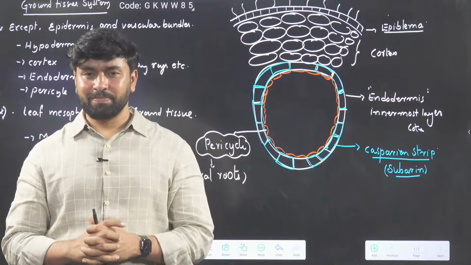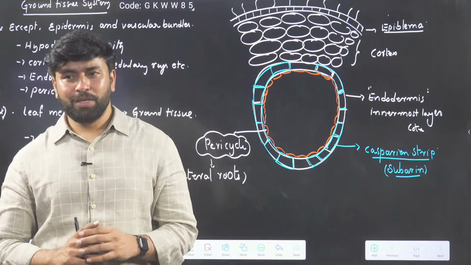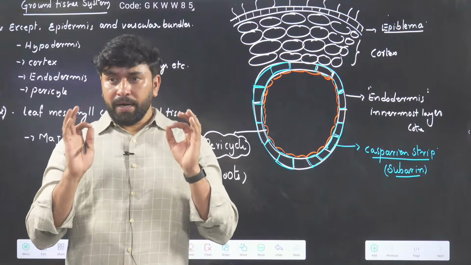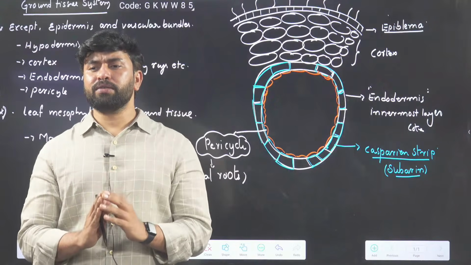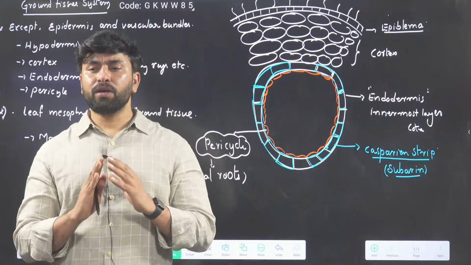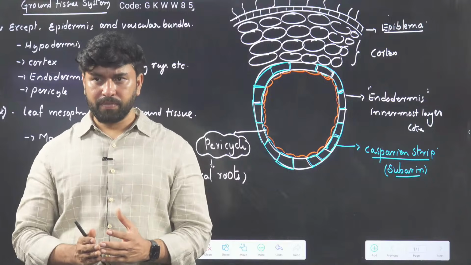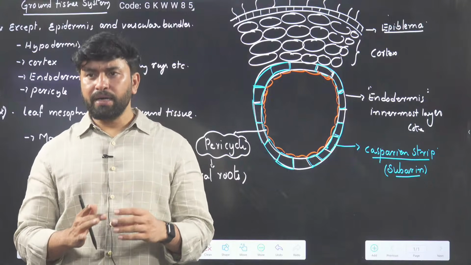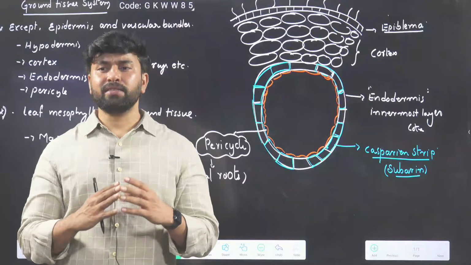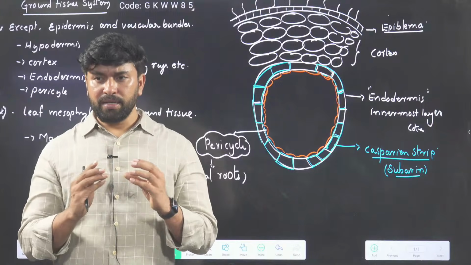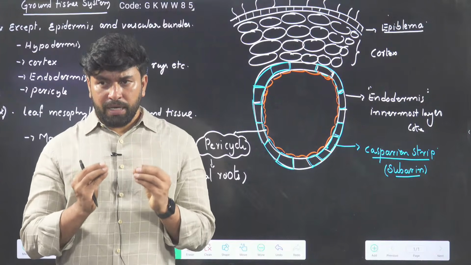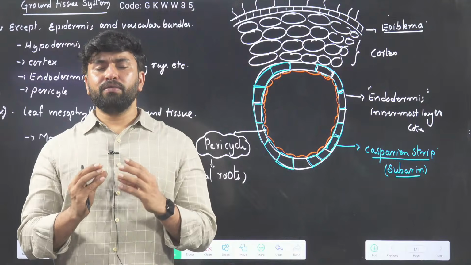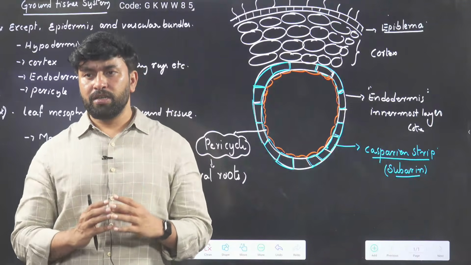It is external. One thing you remember, bud is some kind of structure that belongs to stem. On the root, you will never find a bud. In fact, bud is nothing but a condensed stem. Stem condenses and forms a bud. So bud is an external body which produces a branch.